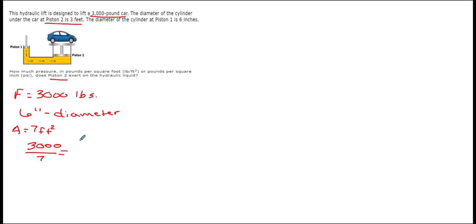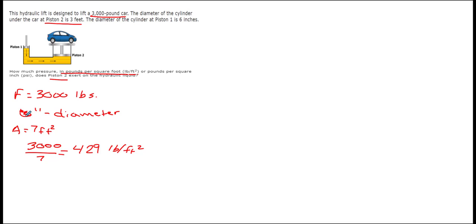And we get 429 pounds per square foot. And the key here is, you have to pay attention, in pounds per square foot. That's why I kept this in feet.